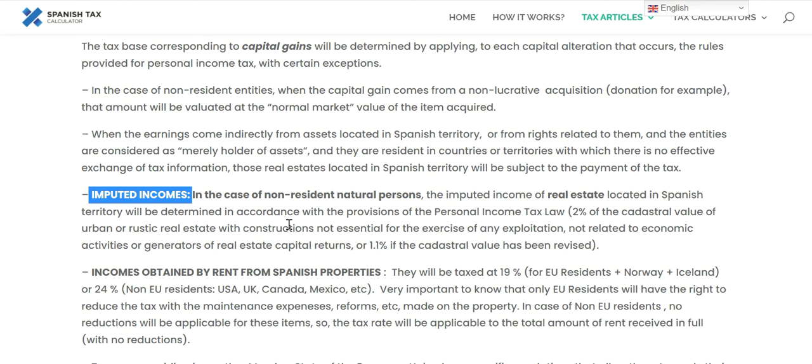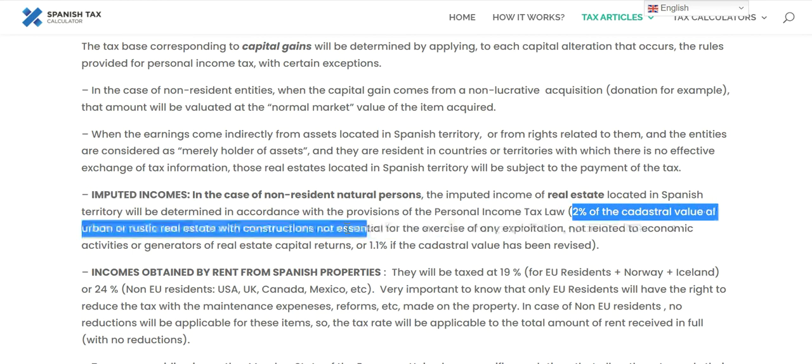The Spanish system considers that even if the property has not been submitted to an economic activity, for example, to rent, this property has generated a minimum of incomes for the owner. These incomes are calculated in a special way by the Spanish system, which is the 2% of the cadastral value of the property.